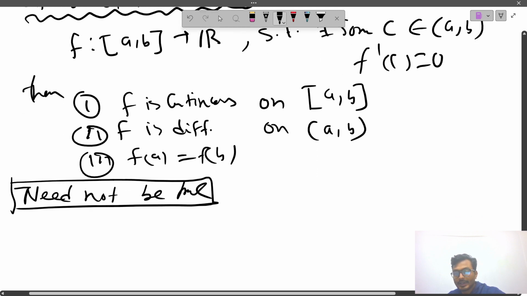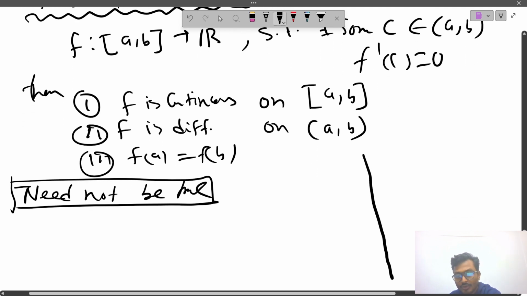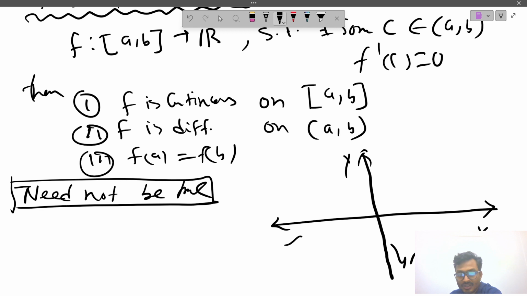Why? Let's take an example. Suppose this is our coordinate axis, y', x'. Now we define a function like this. Suppose this is our point a, and this is some point c where we can draw a tangent. Now at some point d the function has a jump, like this, and then this.